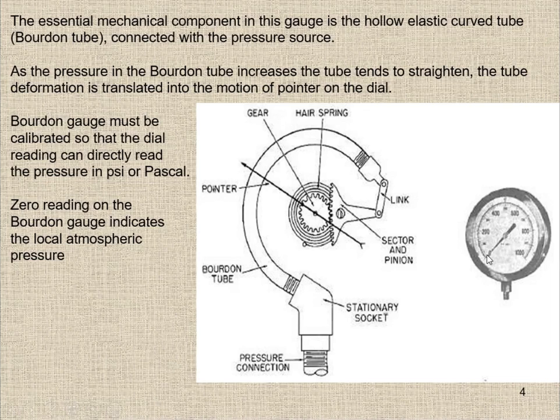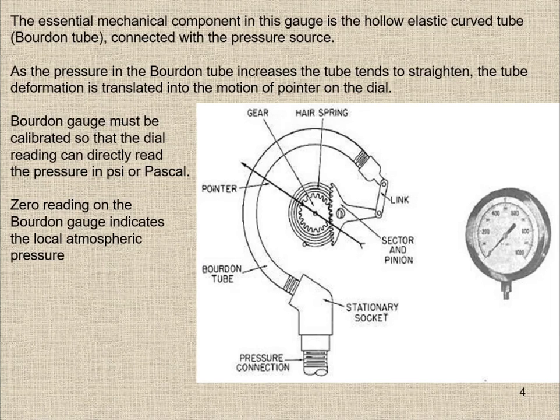The gauges are designed to measure pressure in height of the column, in psi, in bar, in Pascal. Whenever you have a chance to see the pressure gauges, you can see in the market, or on the tank, different measuring units.